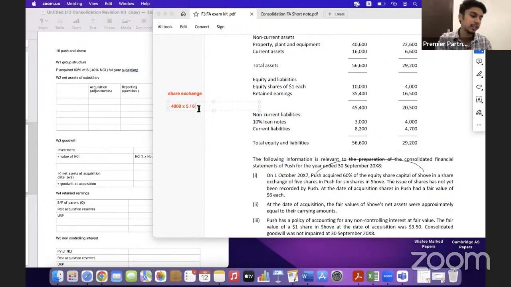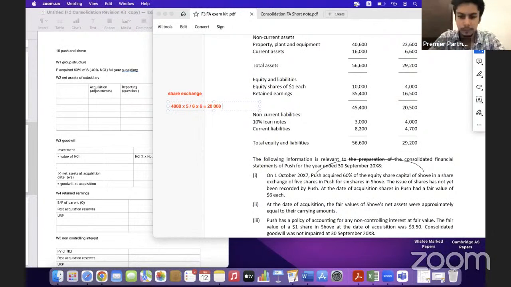Wait, I feel like I'm making a mistake. They're going to give 5 shares in Push for 6 shares in Shove. That part is okay. And then 1 share is 6 rupees. I forgot to take this into account. When I multiply by 6, the answer comes back to 20,000 once again.